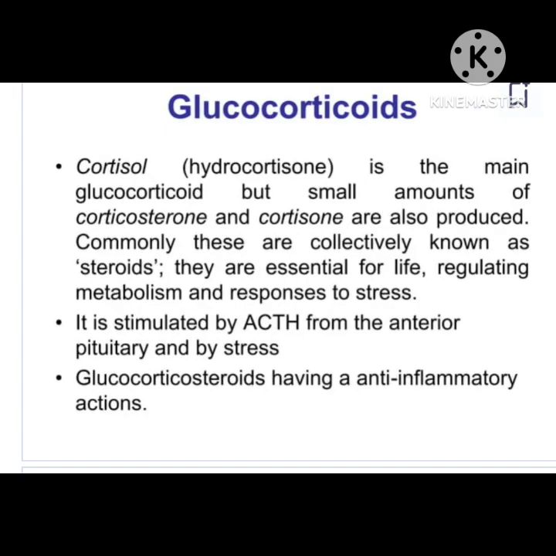Next is glucocorticoids. Cortisol is the main glucocorticoid, but a small amount of corticosterone and cortisone is also produced here, and it is stimulated by ACTH from the anterior pituitary by stress.